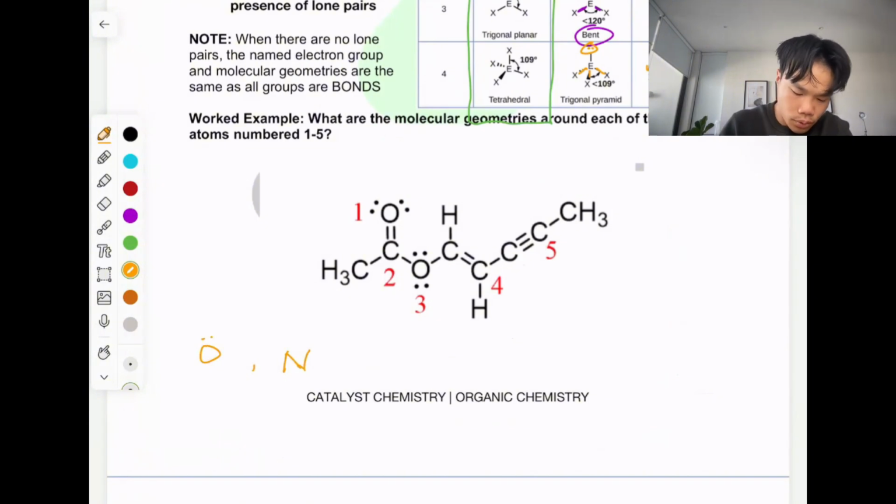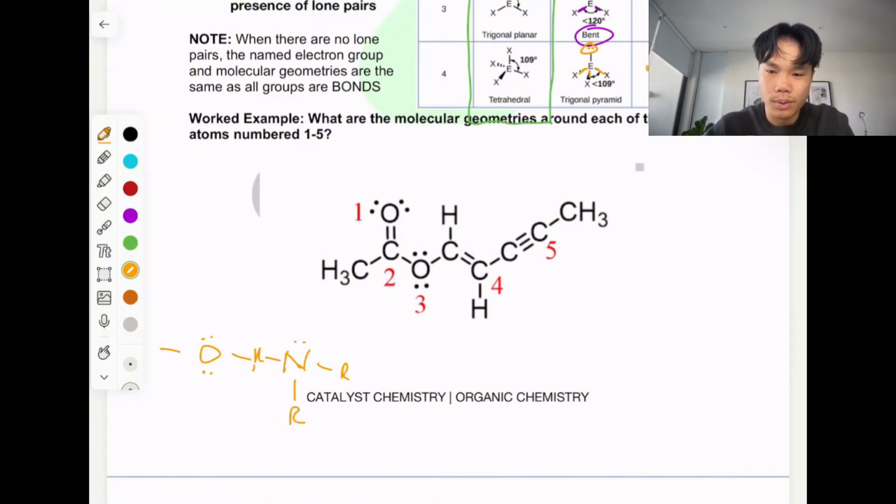Oxygen will always have 2 lone pairs, whilst nitrogen will have 1. And these molecules will have the following bonding patterns. So for nitrogen, what would be the geometry around a nitrogen like this, with one nitrogen in the middle, and then say it's bonded to these things? What's the geometry around the nitrogen I've drawn?